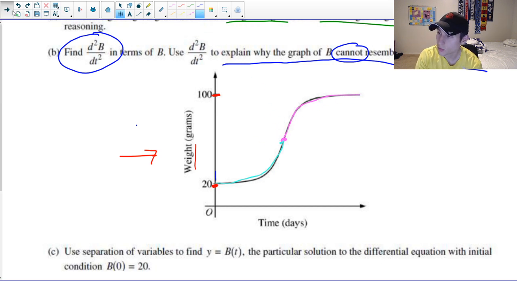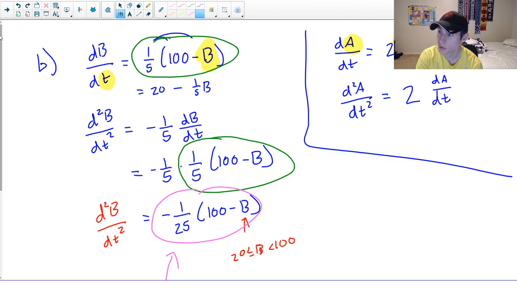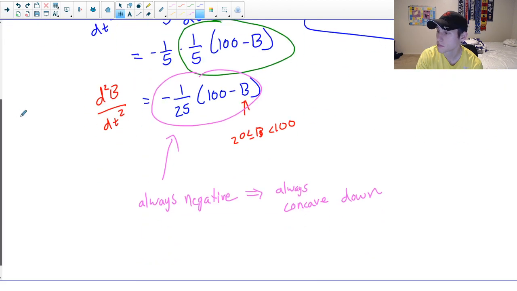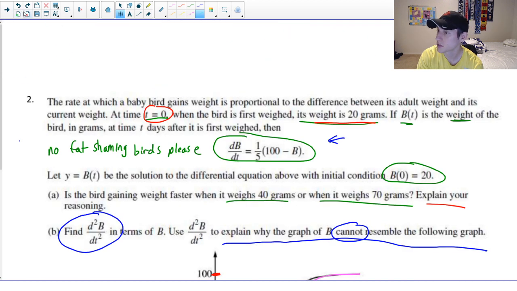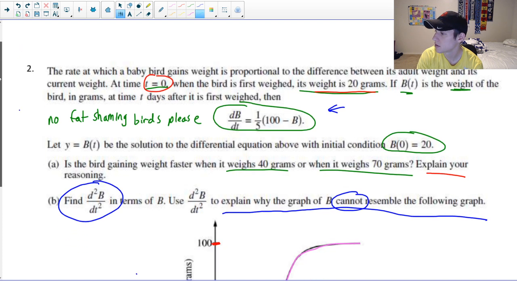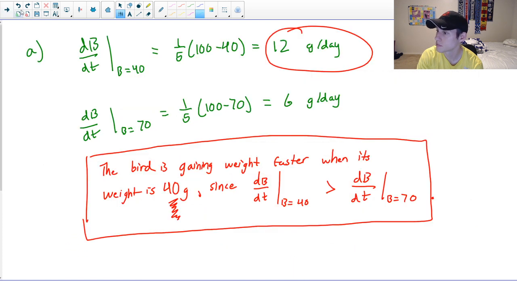But the equation that we're using, because I can see that the second derivative will always end up being negative, then that graph, whatever it looks like, should always be concave down. All right, so we're going to have to explain why.